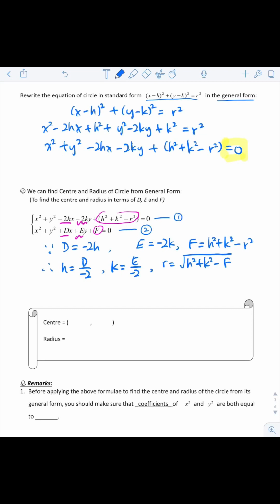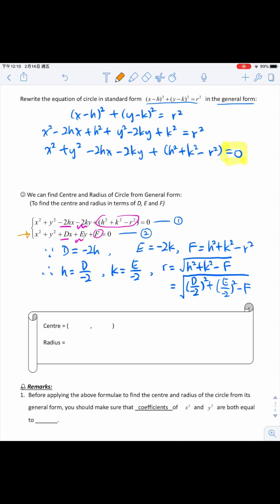As r is positive, we only take the positive square root. And for h, this is d over negative 2. And k is e over negative 2. So we got this.